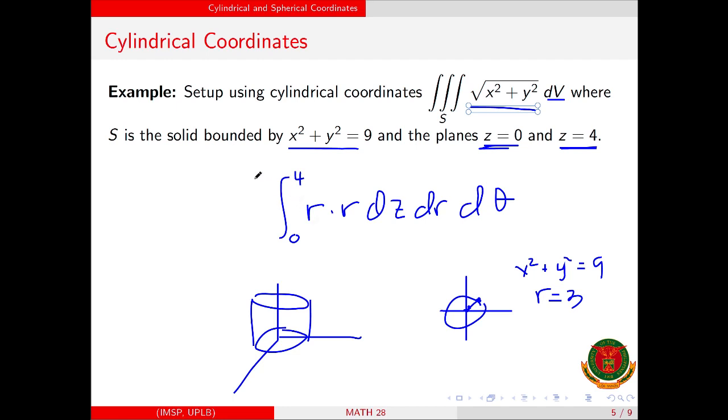So that will be the boundary of the middle integral, 0 to 3. The bounds for theta, since we have the entire circle, is from 0 to 2 pi.